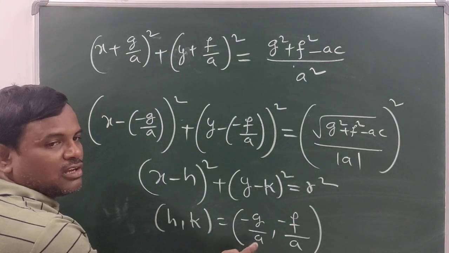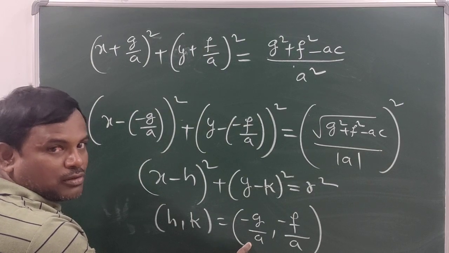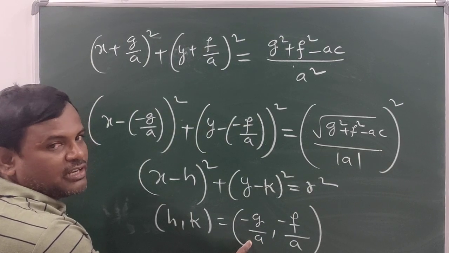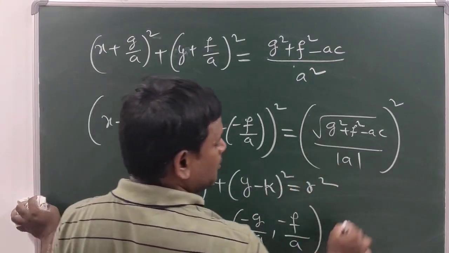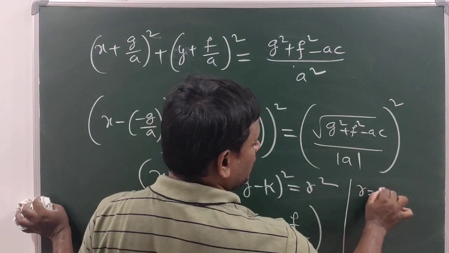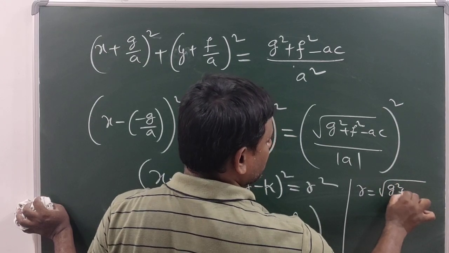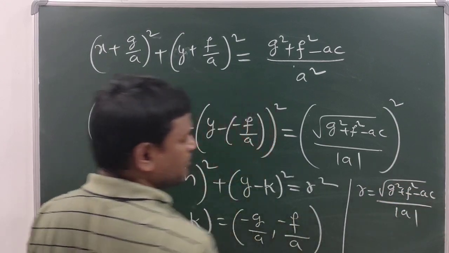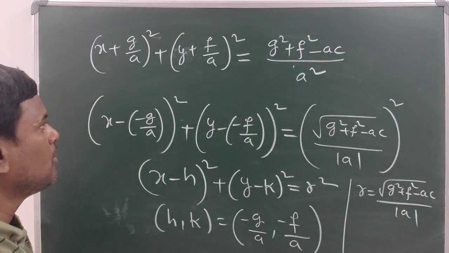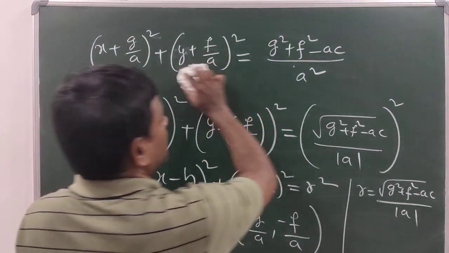So this is the coordinates of the center of the circle. And here in the place of r, root of g square plus f square minus ac by mod a. Okay students, right.